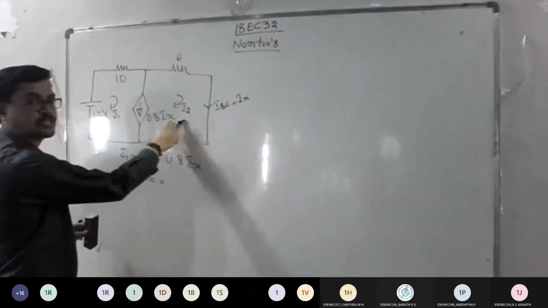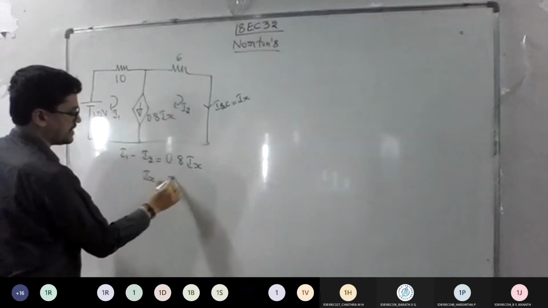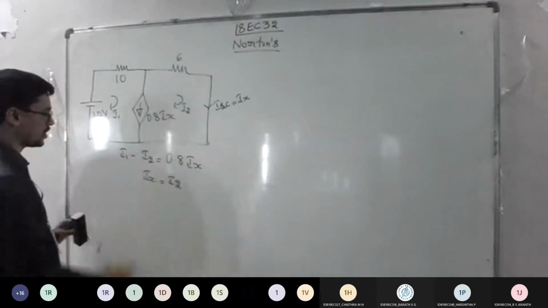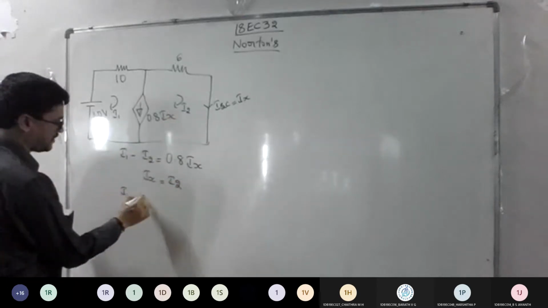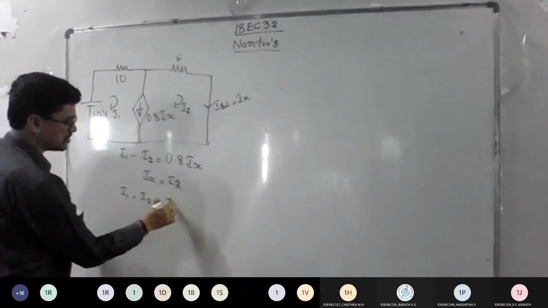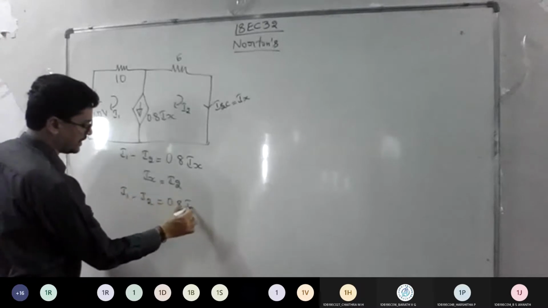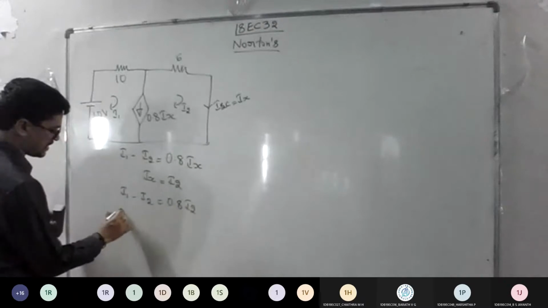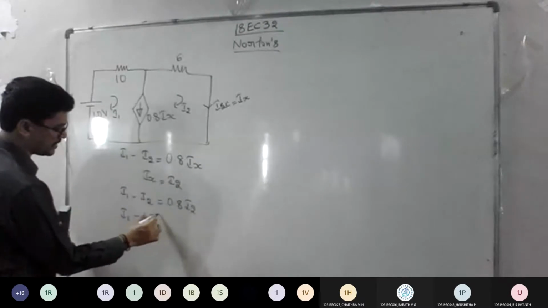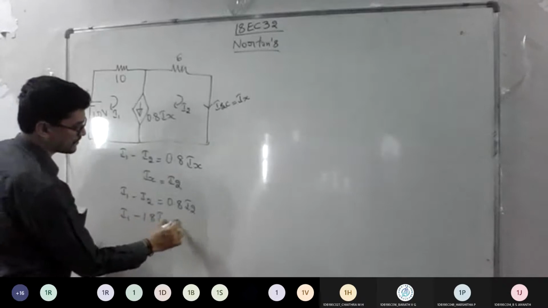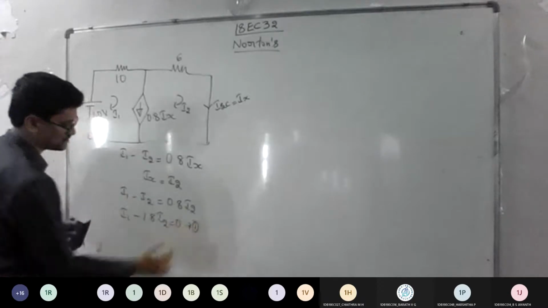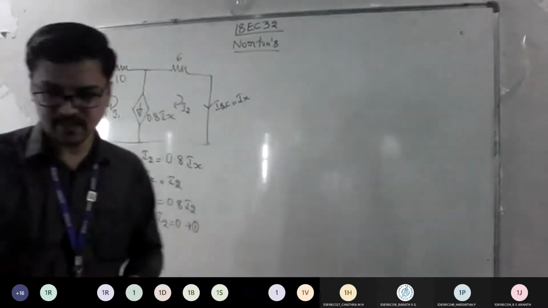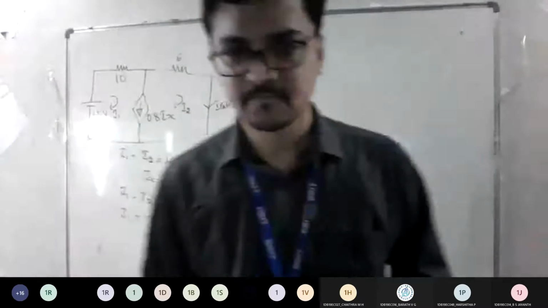Across this, which is a mesh current I2, so I can write Ix is equal to I2. So what will happen to the first equation now? I1 minus I2 is equal to 0.8 times I2. So we pull this side, and it becomes I1 minus 1.8 I2 equal to 0. So this is your first equation now. Aaron, agree with this? Is it fine till here?